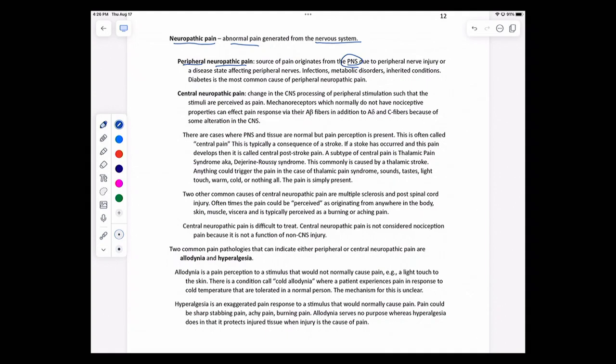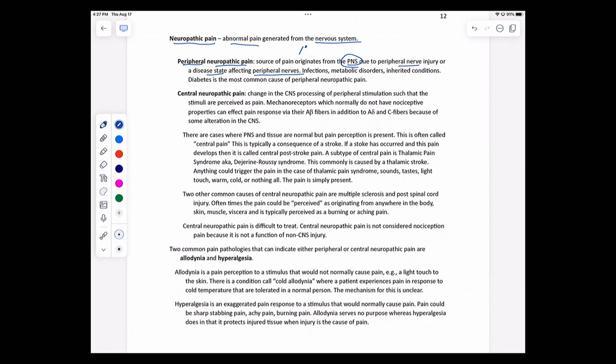But the problem is those primary sensory neurons. Something is off with them. So it could either be the peripheral nerve itself, or it could be a disease state that is affecting the peripheral nerves themselves.